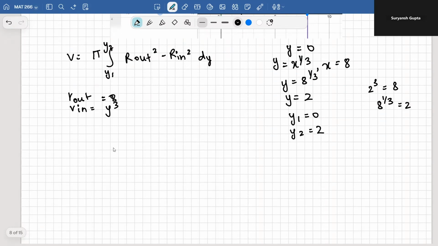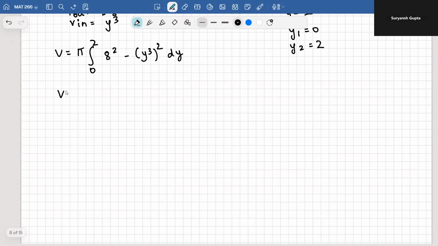And so now that we have all the required things to plug in our formula, we can just go ahead and do that. So I end up getting volume is equal to pi from y1 to y2, which is 0 to 2, r out square, h square minus y cube square, which is my Rn dy.